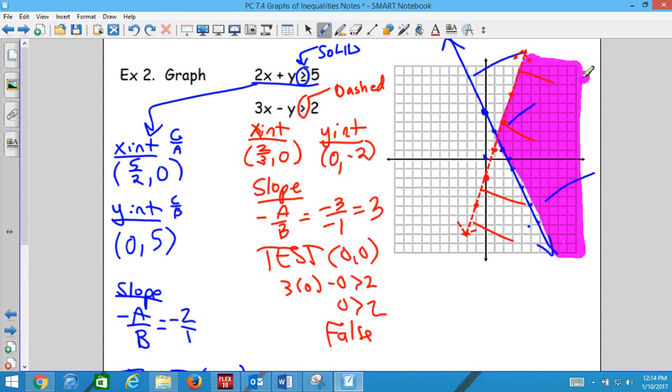Your art teachers. So right, and where do they overlap? Yeah.